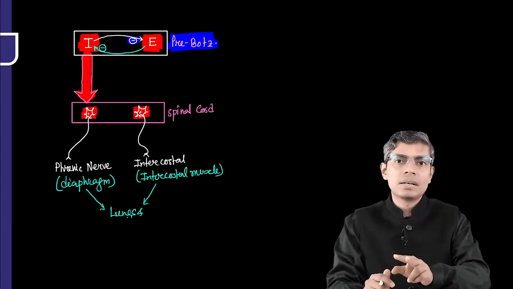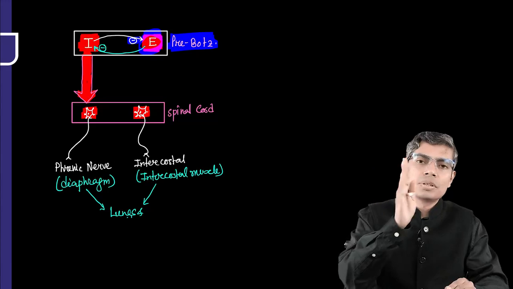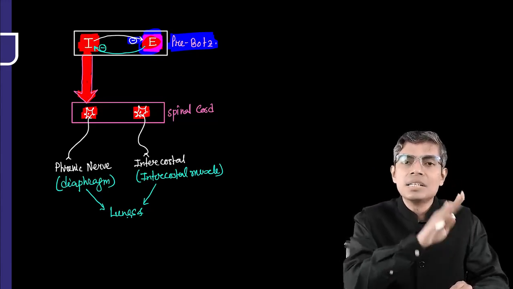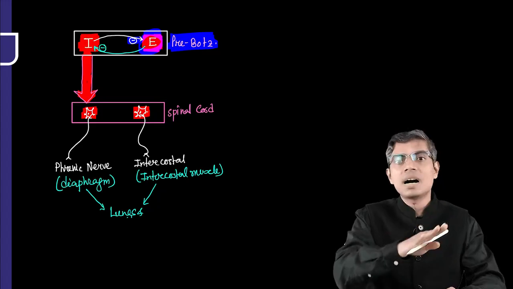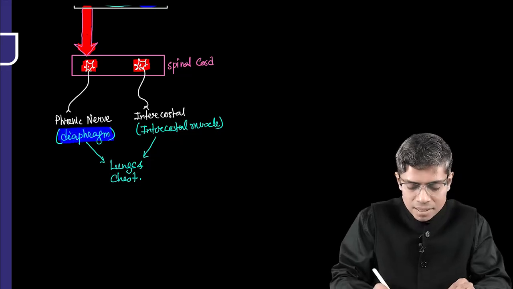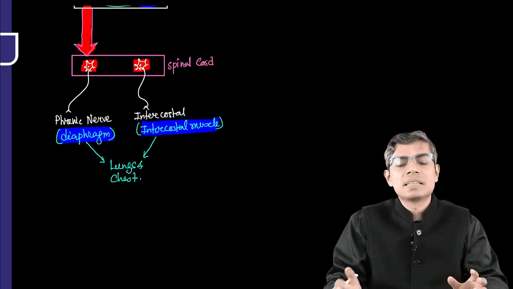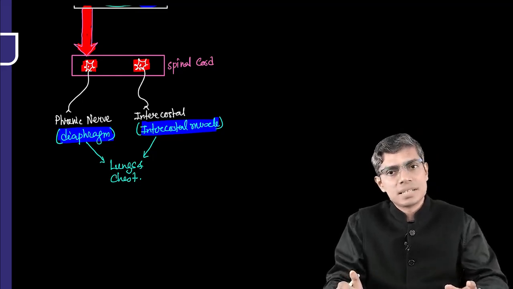After 2 to 3 seconds, whenever this E neuron is activated, it is going to simply inhibit the I neuron, and whenever you inhibit the I neuron, automatically your diaphragm will be relaxed and your intercostal muscles will also be relaxed, and that is nothing but expiration.